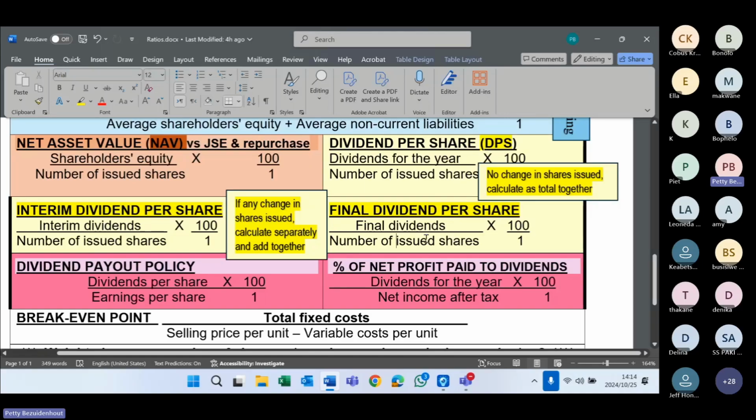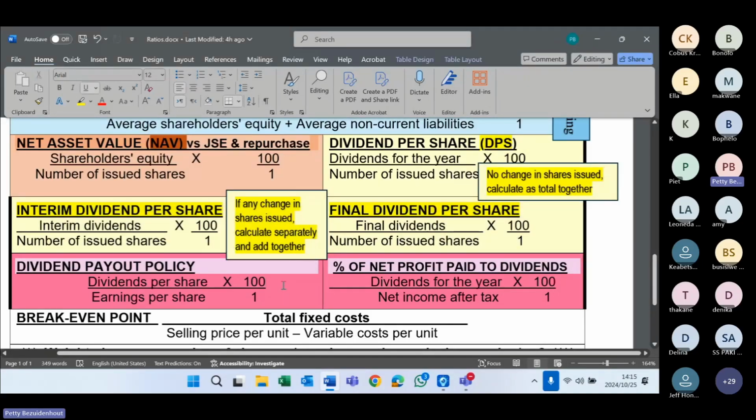Then the combined dividend calculations, we'll refer to EPS now, is the payout policy. Another word that they sometimes use is the payout rate, the dividend payout rate. Now that is when we take the dividends per share, the DPS, and that will be the DPS for the year. So if you had to calculate, it's a combination of these two, divided by the EPS, which is the earnings per share, expressed as a percentage.